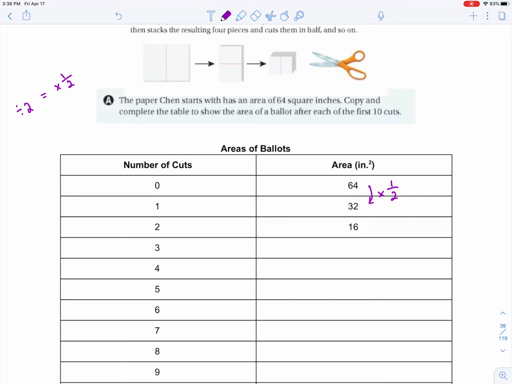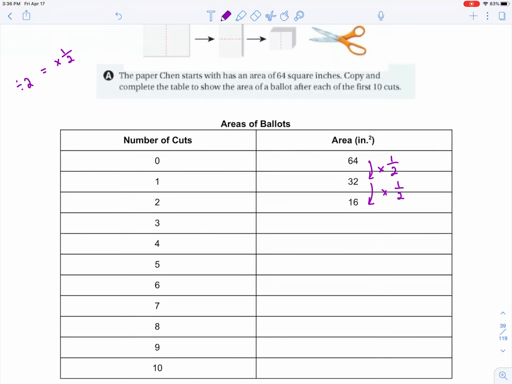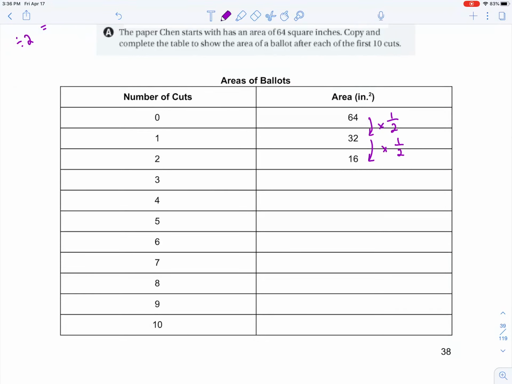Okay, and does it follow the same pattern? To go from 32 to 16, if I multiply by 1/2, do I get 16? Yes, I do. And we're going to follow that pattern all the way for 10 cuts. So if I multiply 16 by 1/2, that should be 8. If I multiply 8 by 1/2, that's 4. Multiply 4 by 1/2, that's 2. Multiply 2 by 1/2, that is 1.